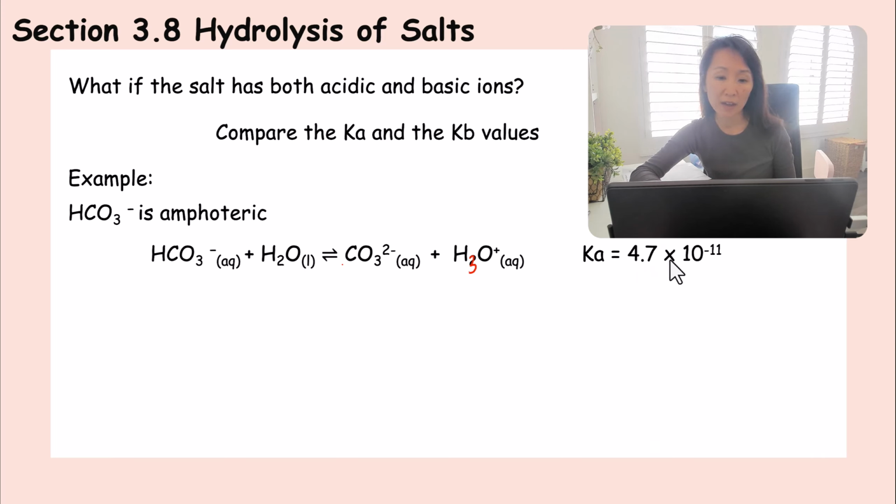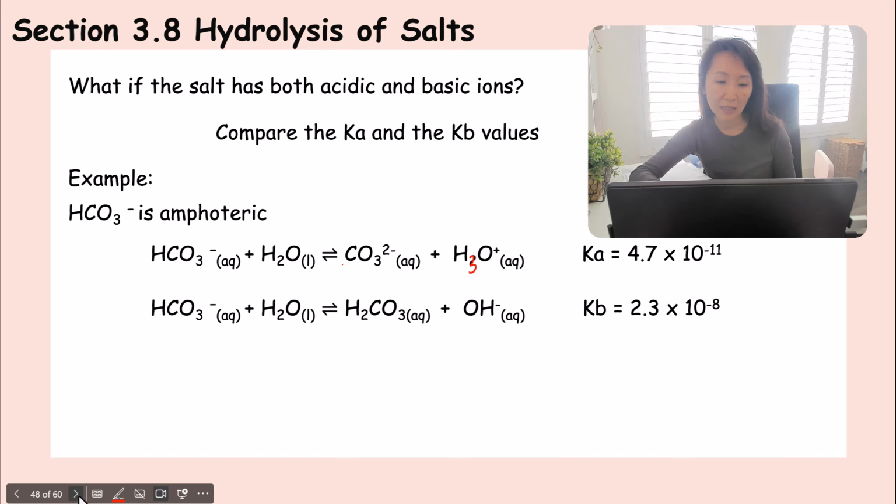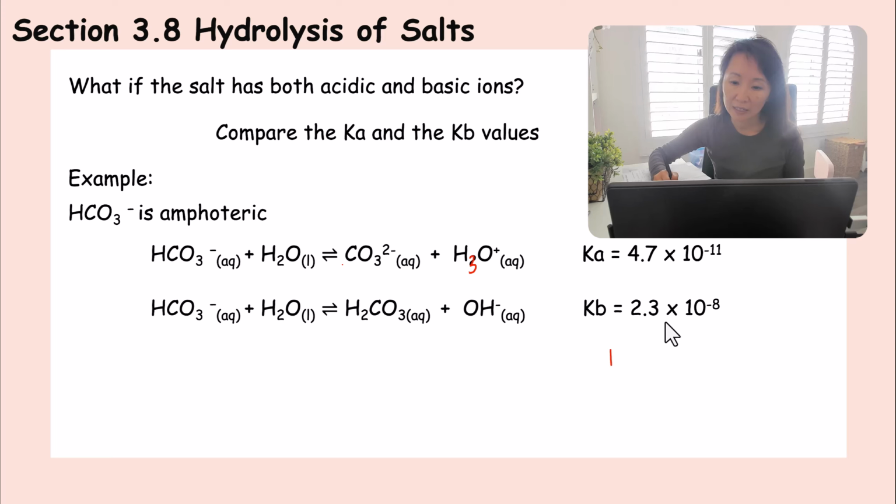If you know the Ka value, then say this is acting as a base. If it acts as a base, it's going to accept the hydrogen from the water, forming hydroxide and H2CO3. And then you look at the Kb value. Notice that the Kb here is much greater than Ka.